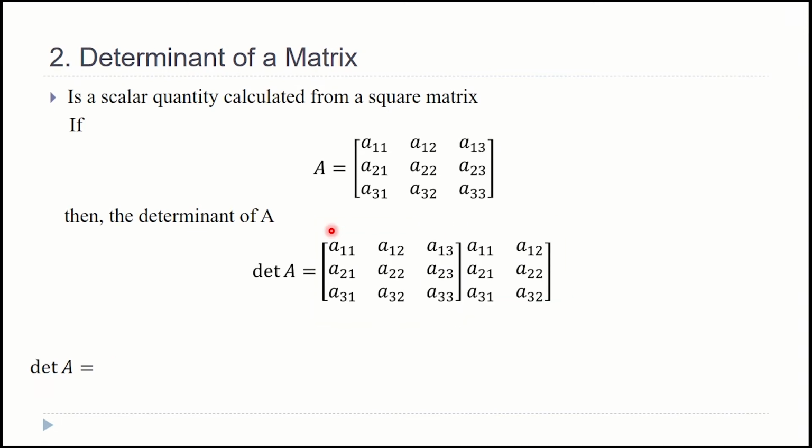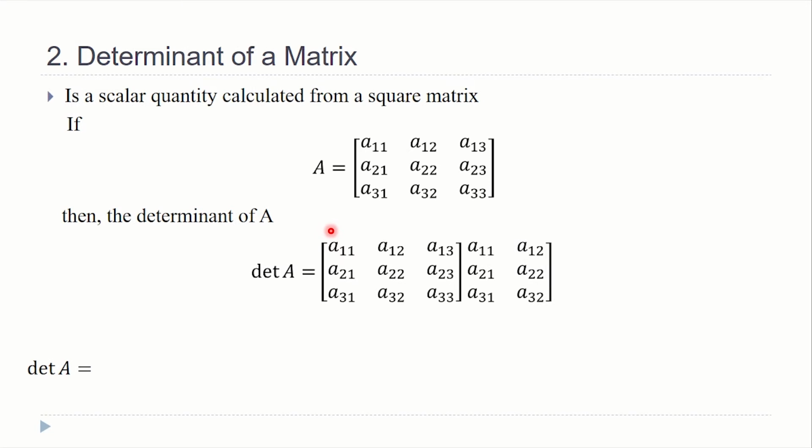Thus, we have now a 3 by 5 matrix. So the determinant of matrix A is equal to the summation of the downward diagonals minus the summation of the upward diagonals.